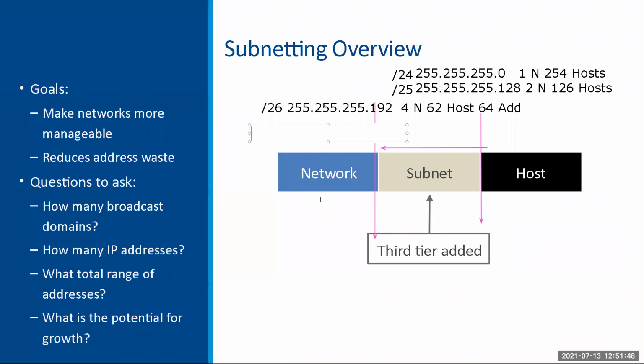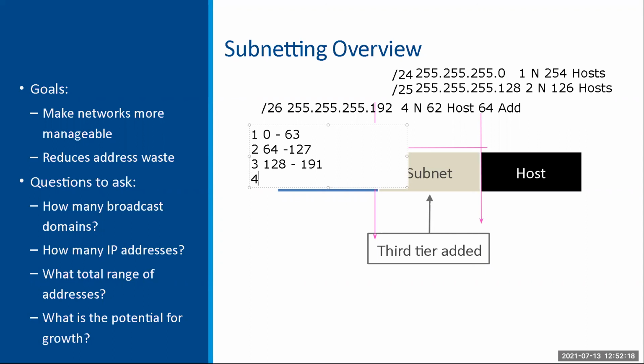It's kind of easy because if we can count by 64, then the first network would have the hosts of 0 through 63 decimally. The second network would be 64 through 127. The third network would be 128 through 191.